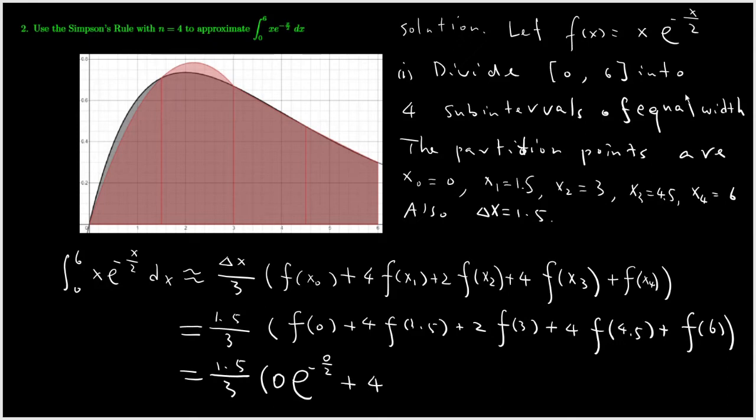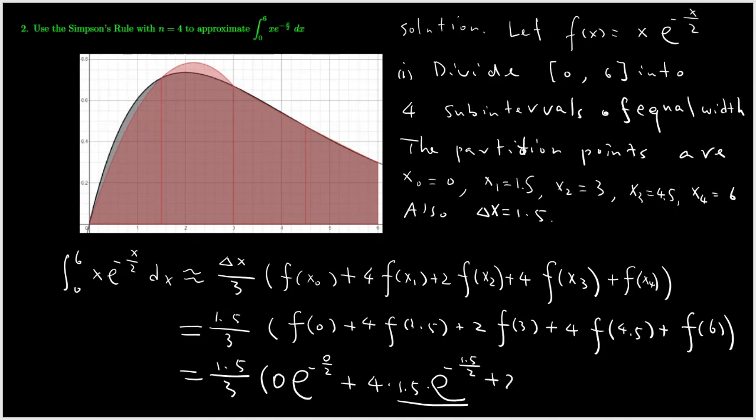And then plus 4 times the value of the function at 1.5, and then times e to the power of negative 1.5 over 2. The underlined is the value of the function at 1.5.